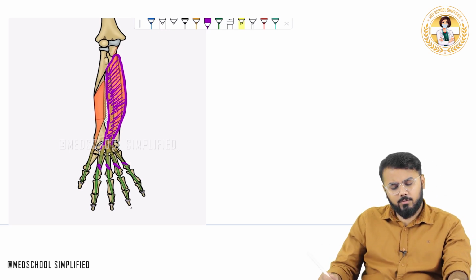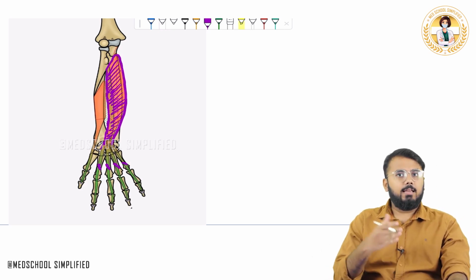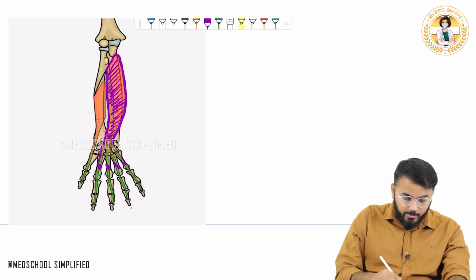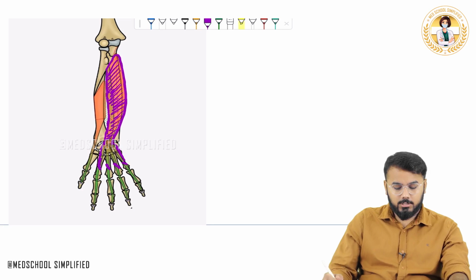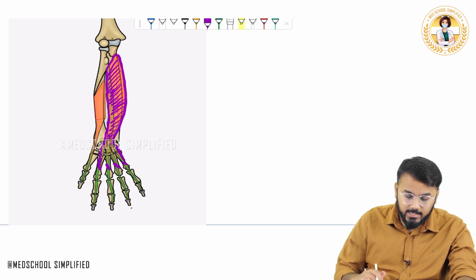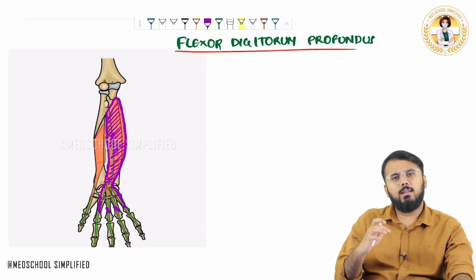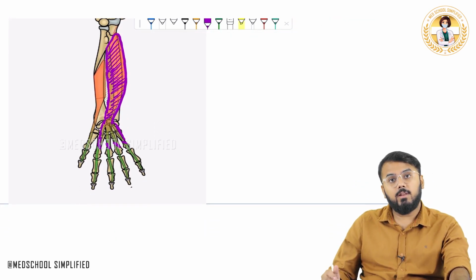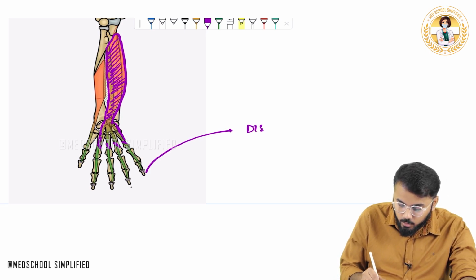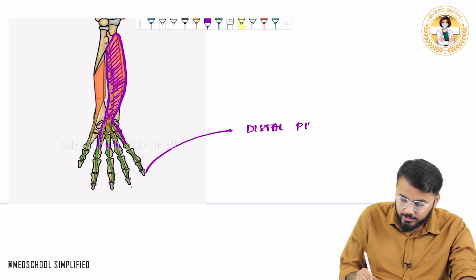Then what is that tendon which is attached? That is a different muscle; I will tell you later on. But this is the muscle which I have drawn, and it has only 4 tendons. But where is this muscle inserting, guys? Is it inserting like the previous one, to the middle phalanx, or to the distal phalanx? Yes, this muscle is inserting to the distal phalanx.